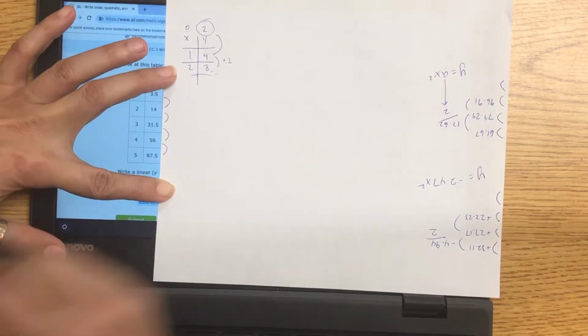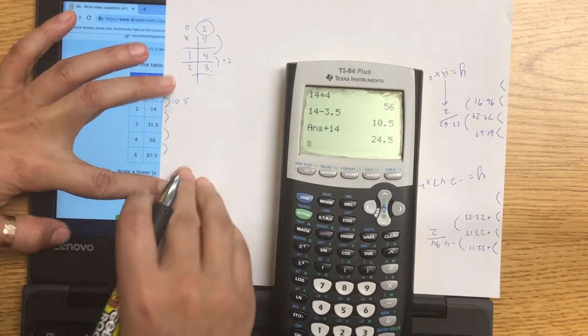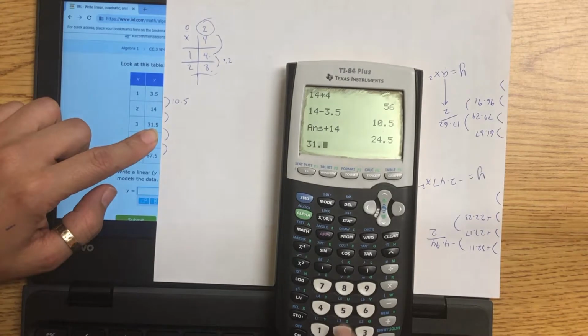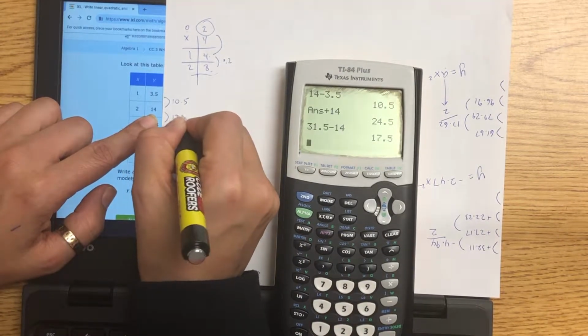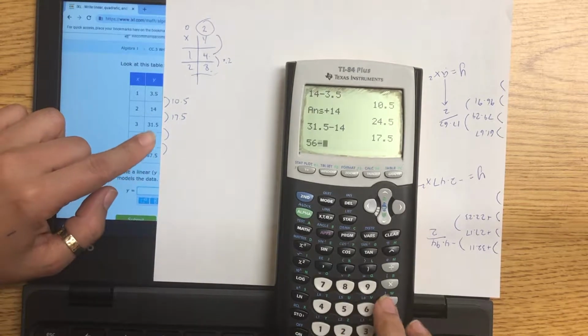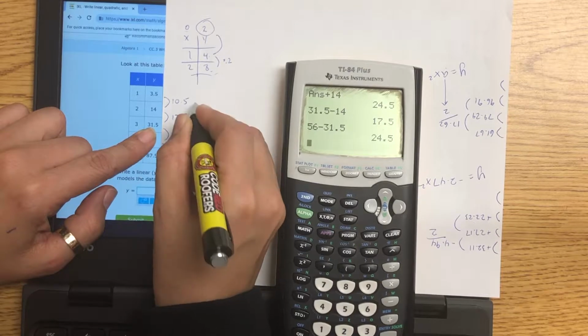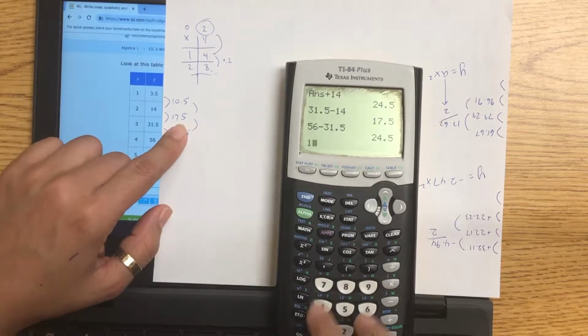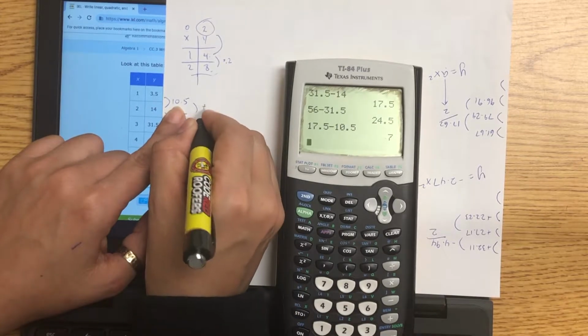All right, so that first one was 10.5. Then 31.5 minus 14 is 17.5. Then 56 minus 31.5 is 24.5. Okay, let's do the second difference. 17.5 minus 10.5 is 7.